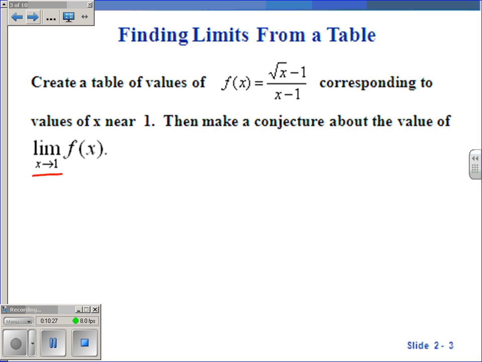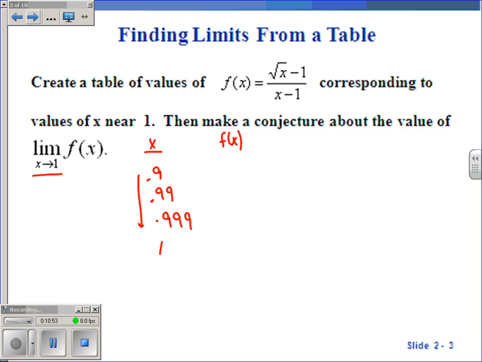I'm going to have my x values, and I'm going to use 0.9. Then we'll get closer to 1, so let's say 0.99, 0.999. Okay, so these values are getting closer to 1. And I want to find out what the function's values are. Okay, so f of x now.